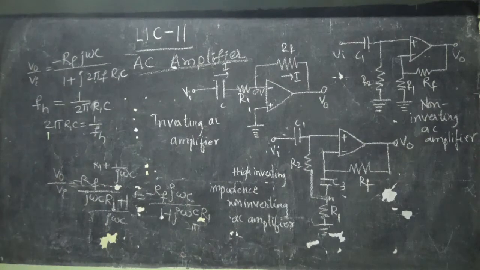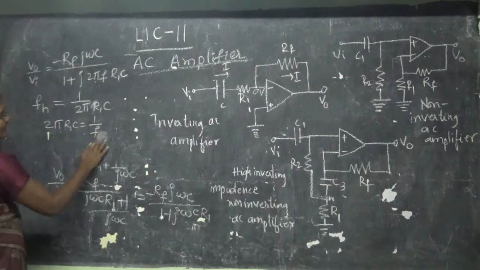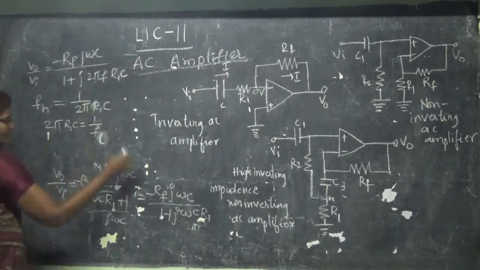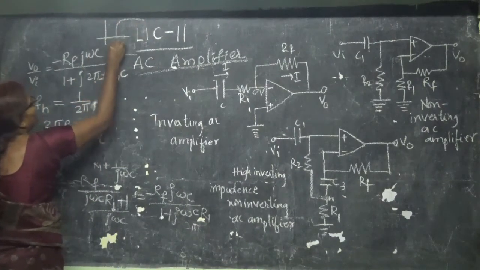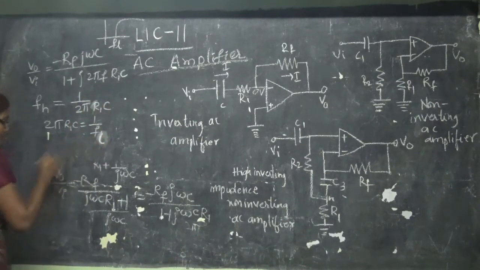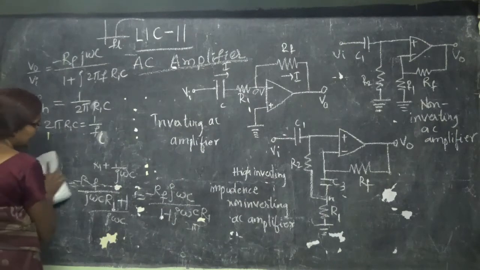So on the lower side, we should take the lower cutoff frequency, not the higher cutoff frequency. Sorry, not higher cutoff frequency, it is the lower cutoff frequency, the lower 3 dB point.